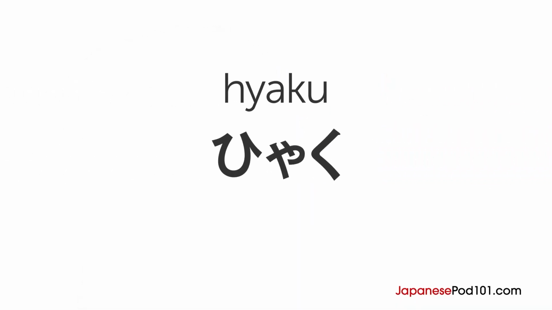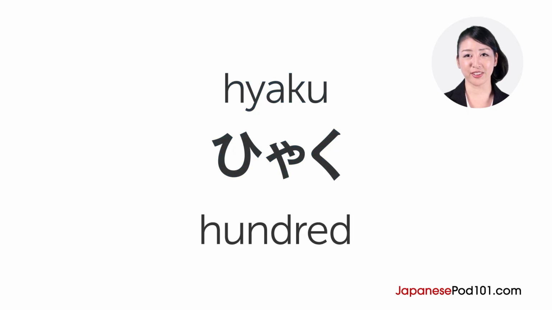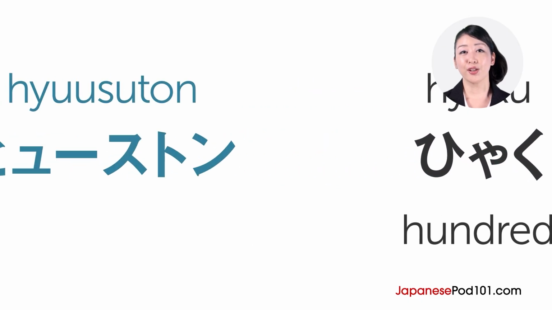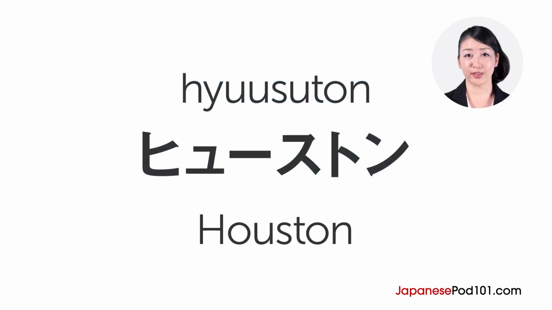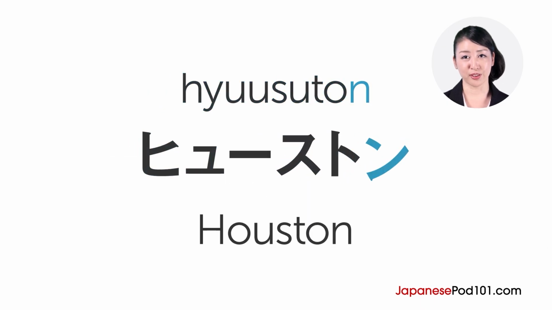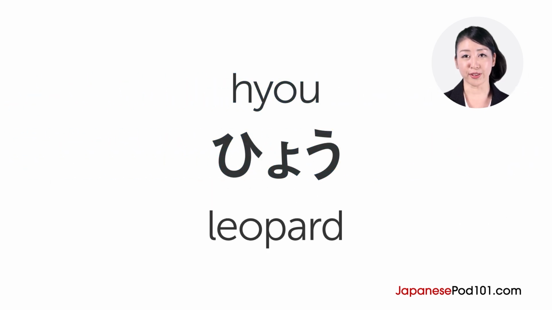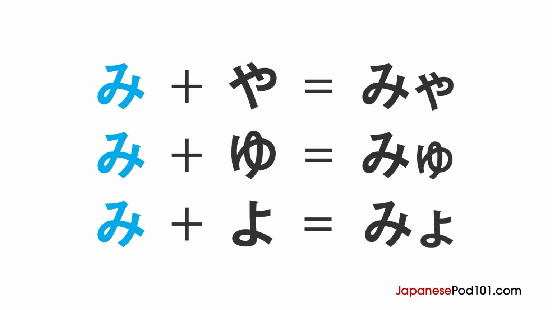Here are some words. 百, Houston, ひょう, leopard. The next one is みゃ、みゅ、みょ. み combined with や、ゆ、よ to get みゃ、みゅ、みょ. Repeat after me.